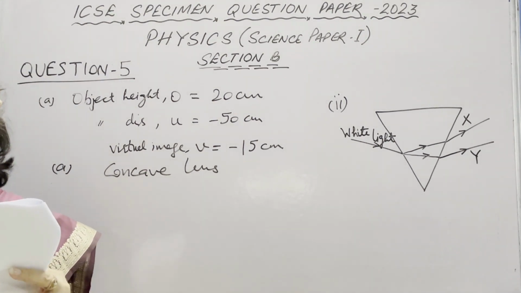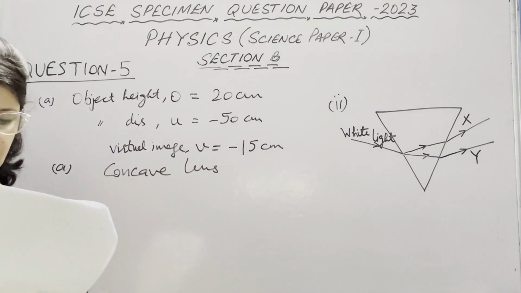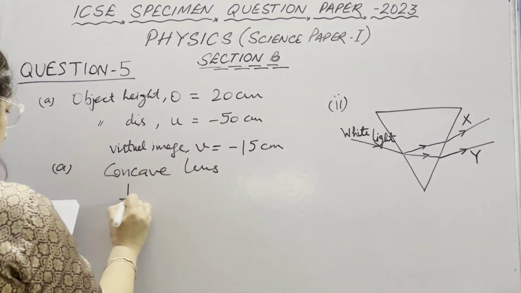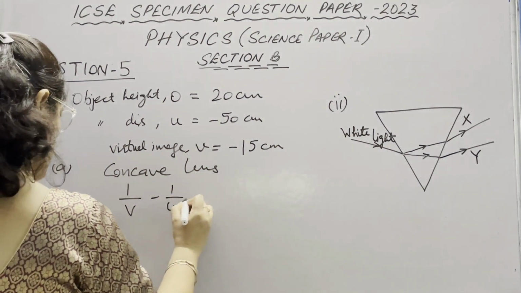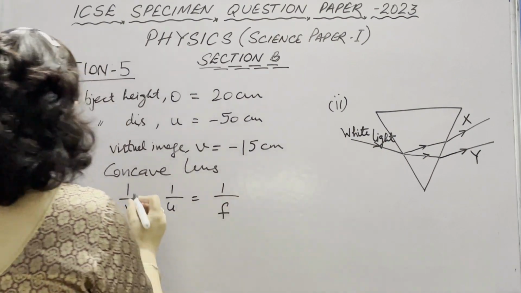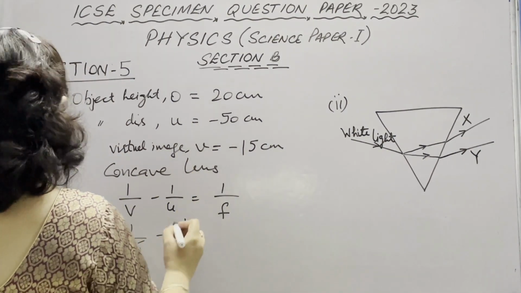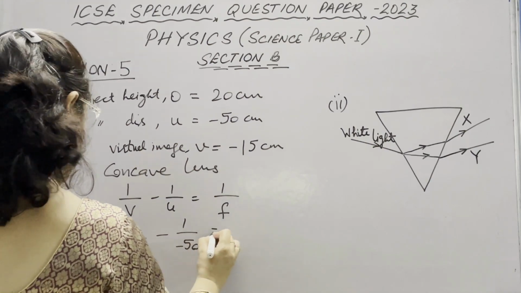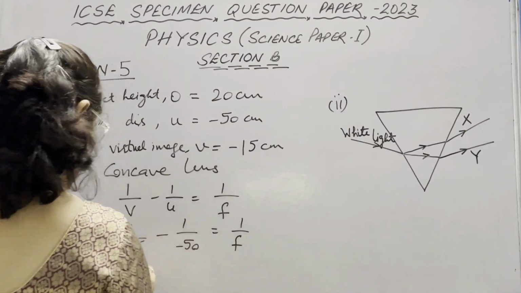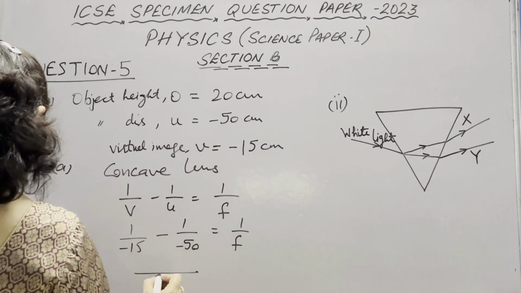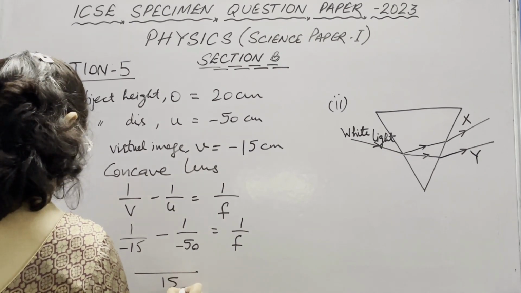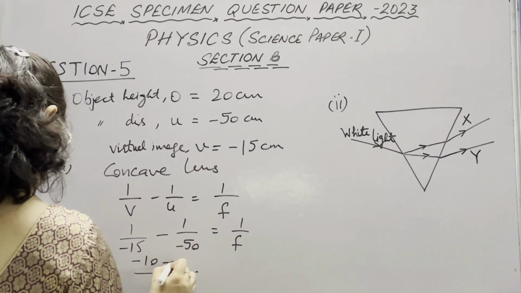In the second part, calculate the focal length of the lens. Now we know the lens formula, 1 by V minus 1 by U is equal to 1 by F. Now 1 by V is 1 by minus 15, minus 1 by U, which is given as minus 50, and the focal length we need to calculate. The LCM of 15 and 50 is 150. So minus 10 plus 3.